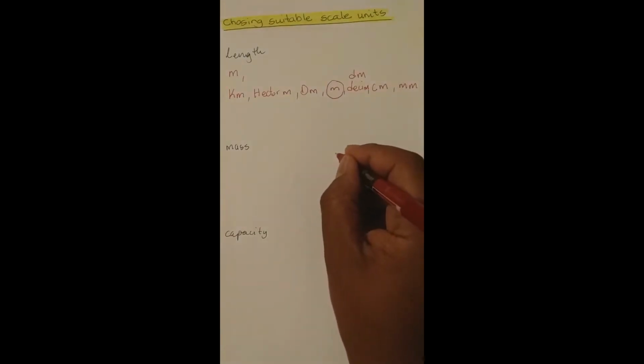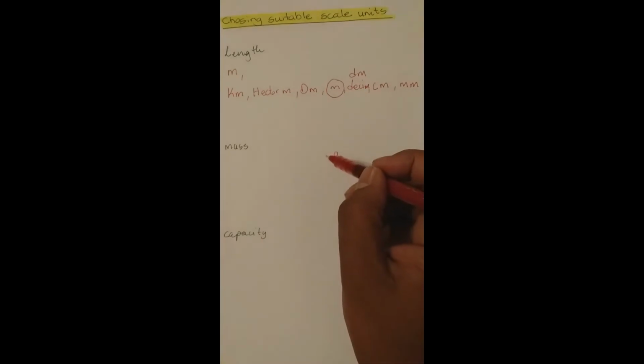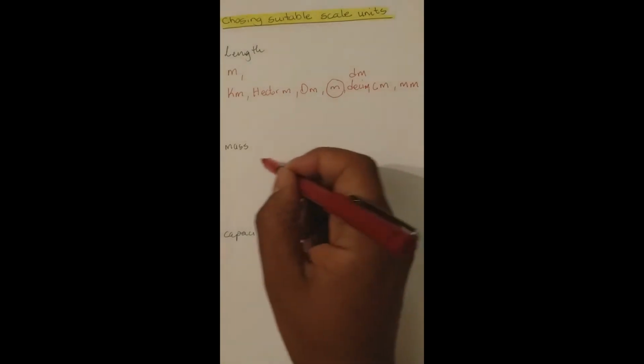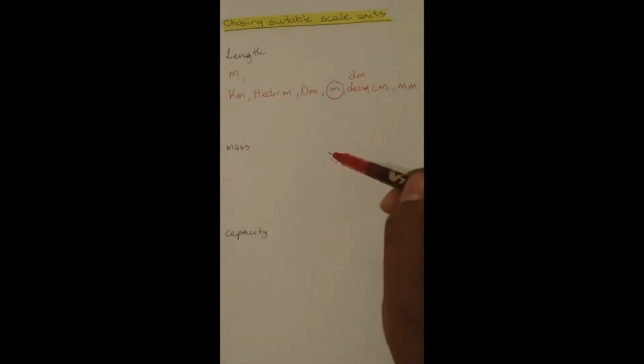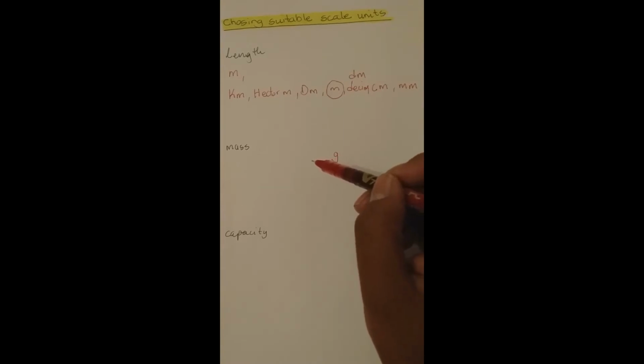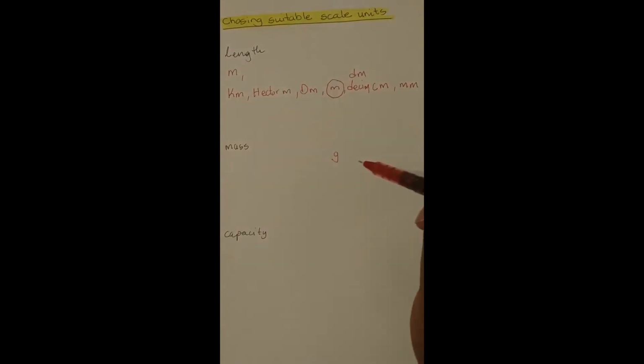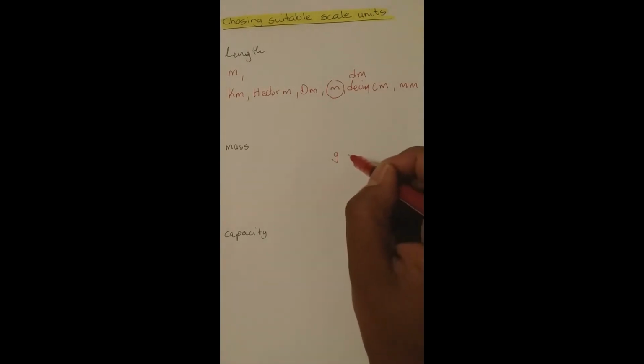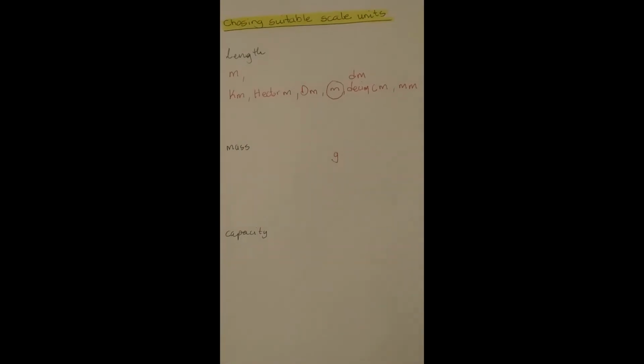Same with mass, we've got grams, then all the conversions going up: your decagrams, your hectograms, your kilograms, which we are familiar with, and going the other direction, your decigrams, your centigrams, your milligrams. It's very important to consider what you are measuring and which unit you are going to use.